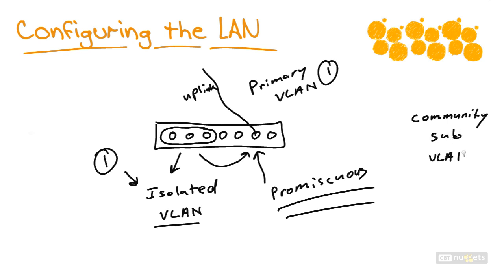And the community sub-VLAN, the ports inside it can all communicate with each other. So this is an added benefit. This concept does not exist in the UCS. So we have our primary VLAN. We have for that primary VLAN the potential to create one isolated VLAN, and that is it.